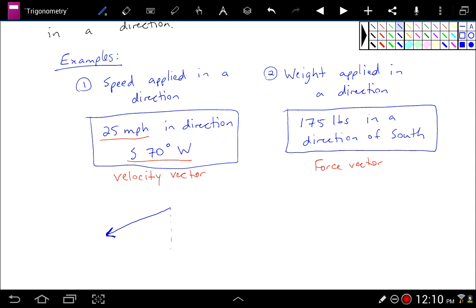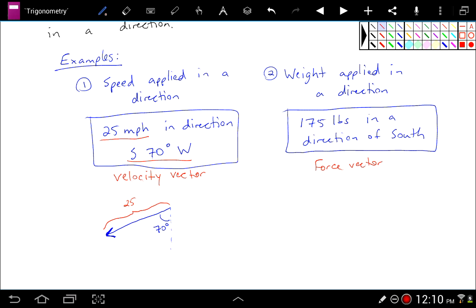Now how do we do that? This of course would be 70 degrees if you know your bearings. And to represent the 25, we would just say that this vector has a length of 25. So the number for a vector, the magnitude, corresponds directly to the length of this arrow.